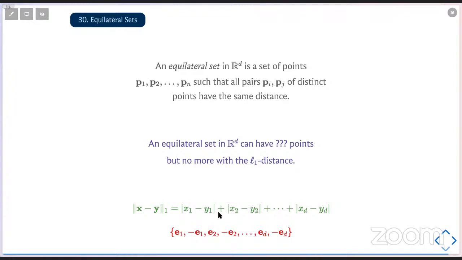So is it clear that we have a collection of 2d points now, which are equilateral under L1? It's not as massive an upgrade as before, but it's still substantially more than what we can get with Euclidean distances. Okay, awesome.